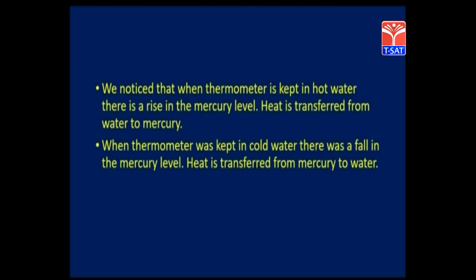Why did the mercury level rise in hot water, children? Because heat was transferred from water to mercury. When the thermometer was kept in cold water, heat was transferred from the mercury in the thermometer to the water. Okay children, in this way we can understand the transfer of heat from hot bodies to cold bodies.